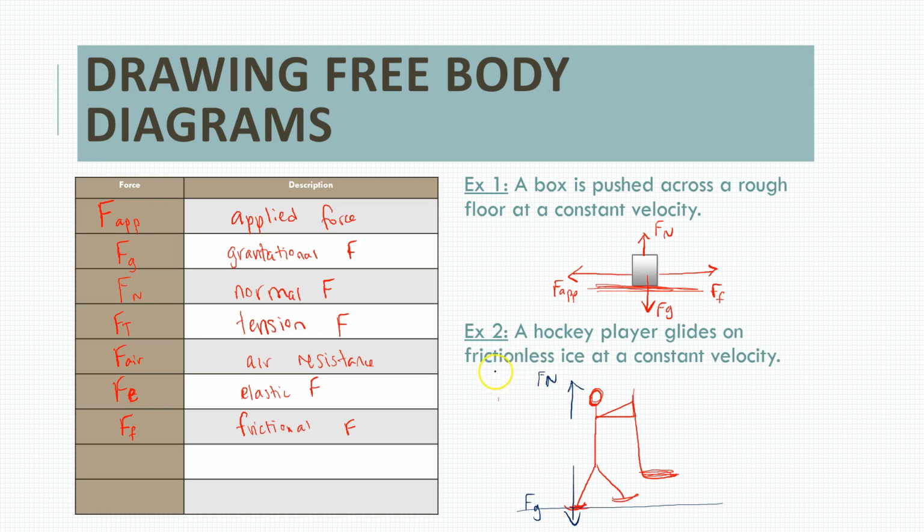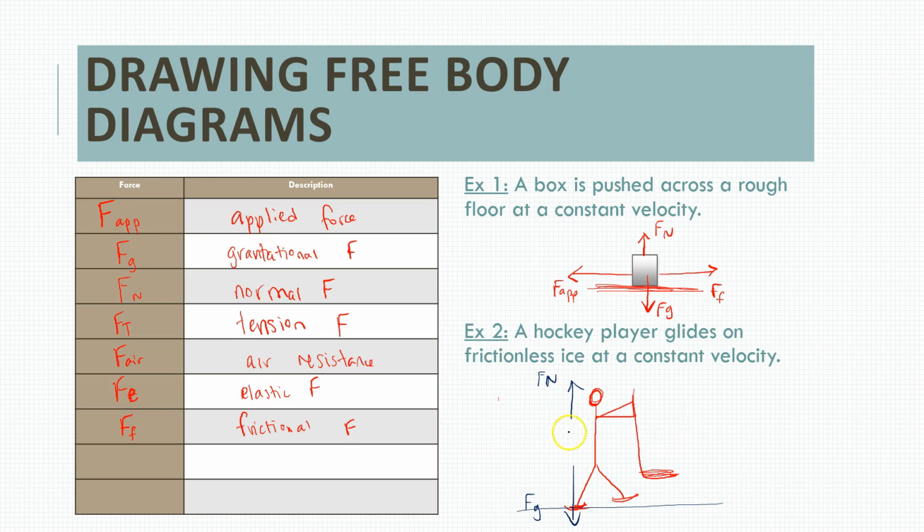Okay, if it is frictionless ice, what that would mean for us is that basically this person has no net force. There's going to be nothing accelerating them. They're just simply going at a constant velocity. So there wouldn't be friction coming this way.